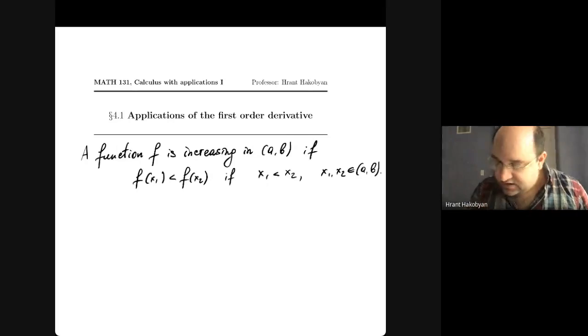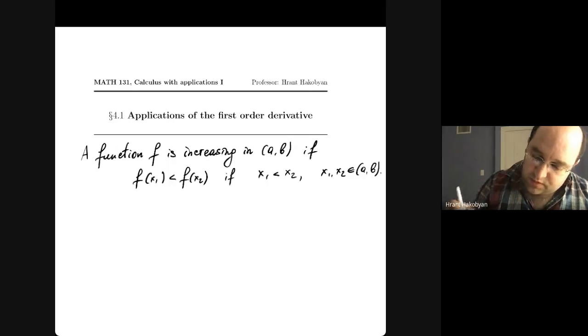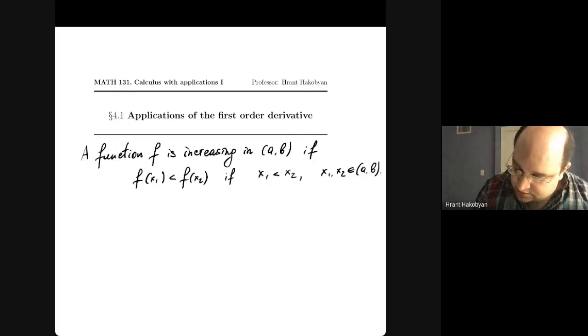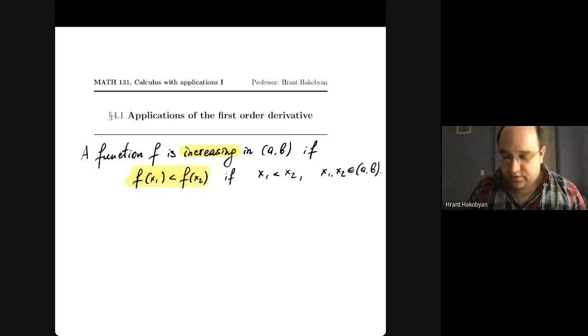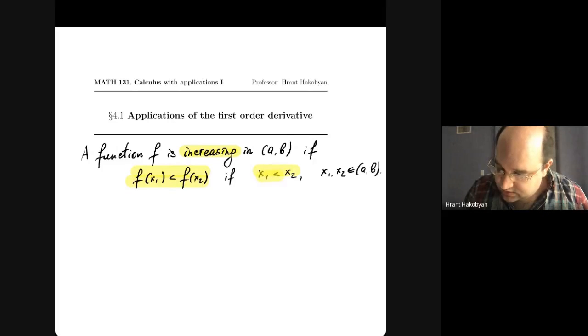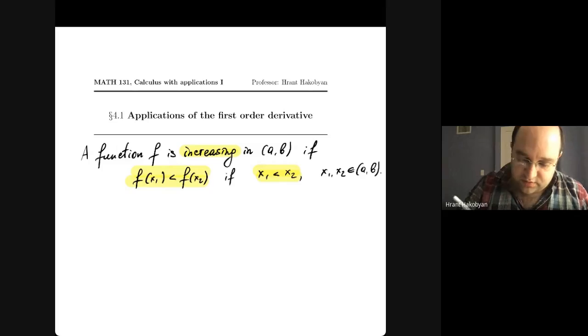Okay, so what does that mean? What's the important point in this definition is that f is increasing in this interval here. That means that f(x1) is less than f(x2) if x1 is less than x2. So let me draw the graph so that makes a little bit more sense.